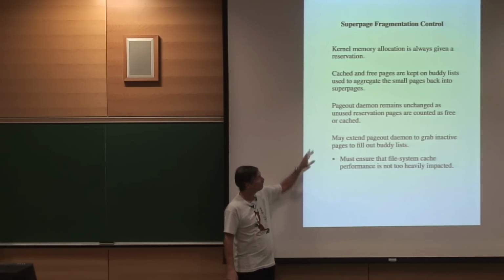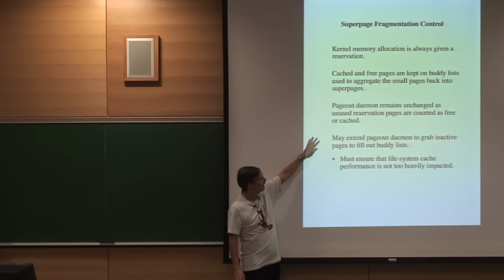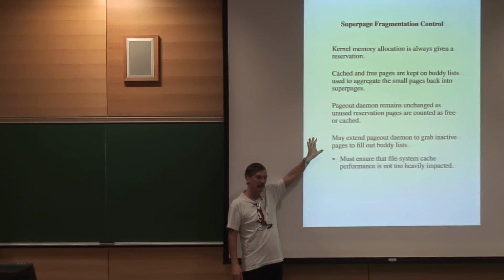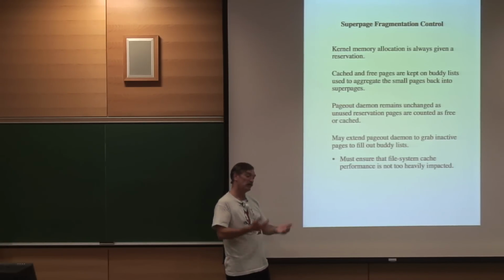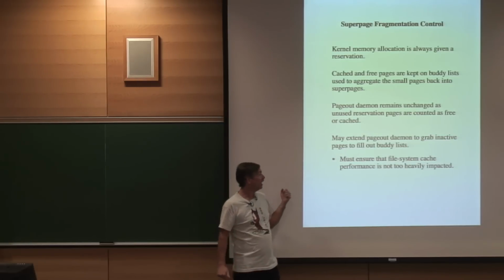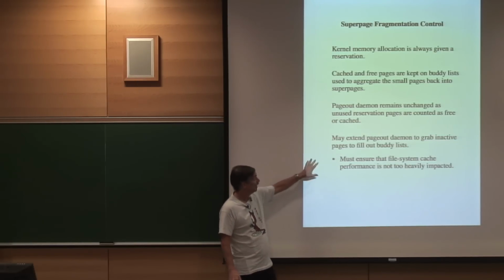So for all these reasons, although Alan tells me he actually did a little prototype of modifying the page daemon slightly, I'm a little bit leery about actually putting that in because it's not clear what the impact would be on the running system.